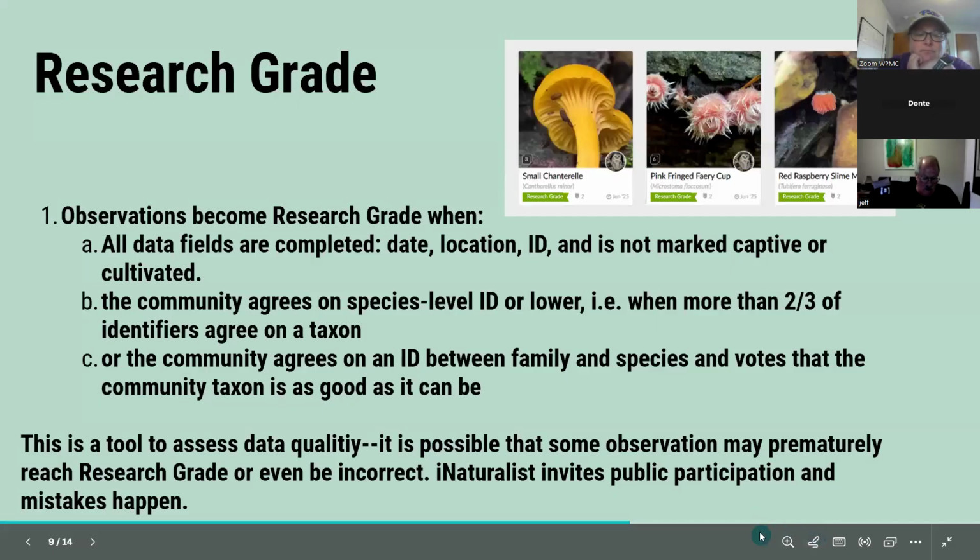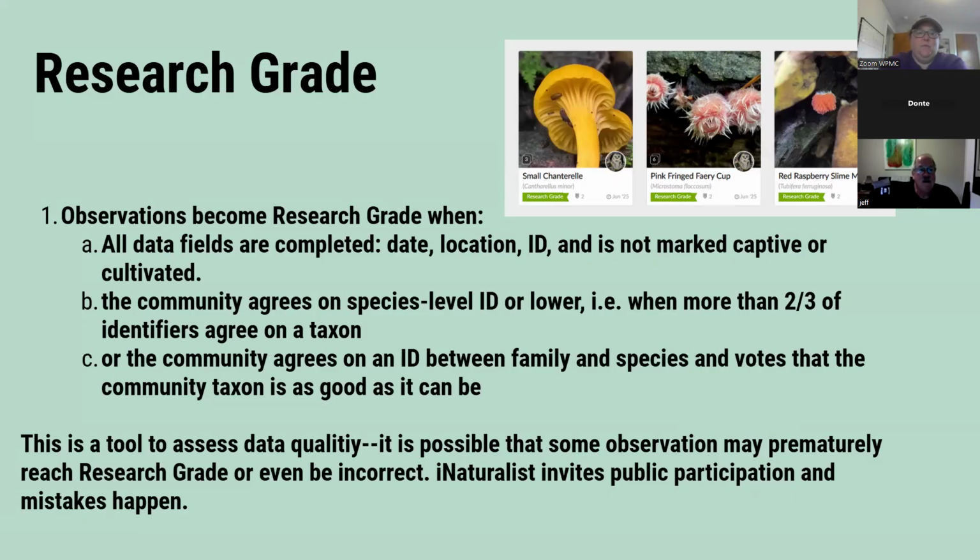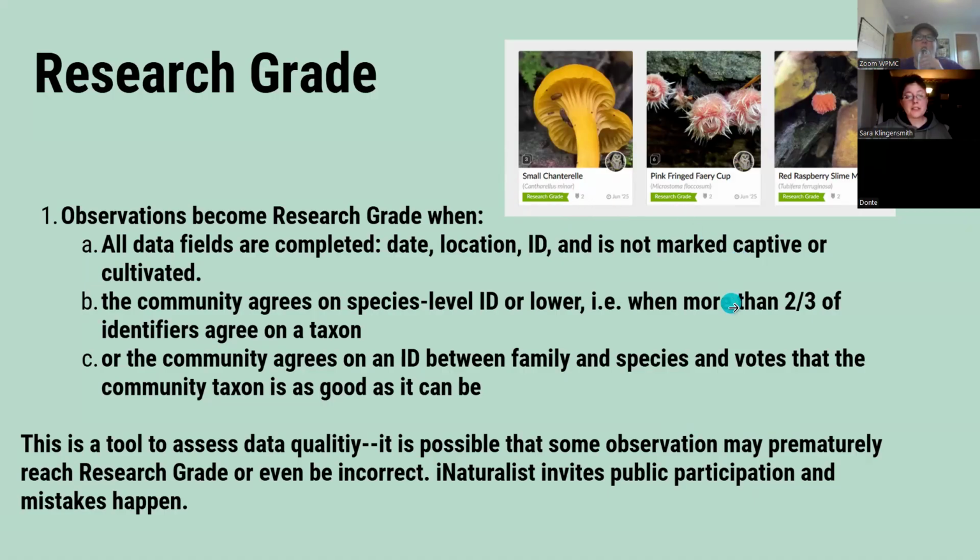All right. So, research grade. If your observation is research grade, you'll have this really cool little green banner at the bottom of your photo. What that really means is that one, all of your data fields have been completed. That includes the date, location, ID, and it is not marked captive or cultivated. Two, the community agrees on species level ID or lower, especially when more than two-thirds of identifiers agree on a taxon.